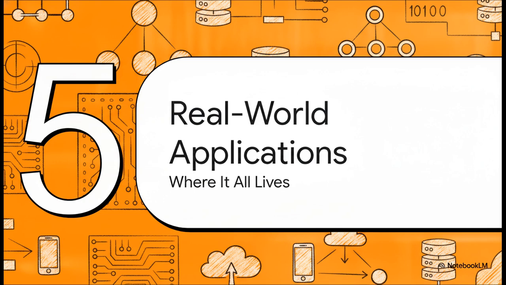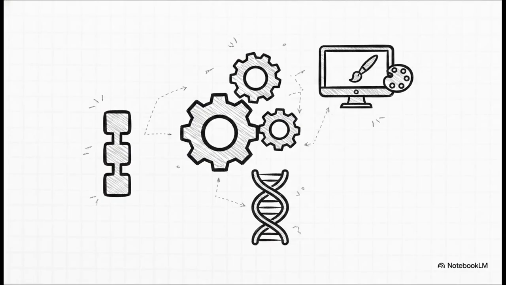Finally, Section 5, real-world applications where it all lives. Let's see how these theoretical concepts actually run our modern world. Because these structures, they are literally everywhere. Operating systems rely heavily on queues and heaps just to manage basic tasks. Graphics and image processing use matrices all day long.